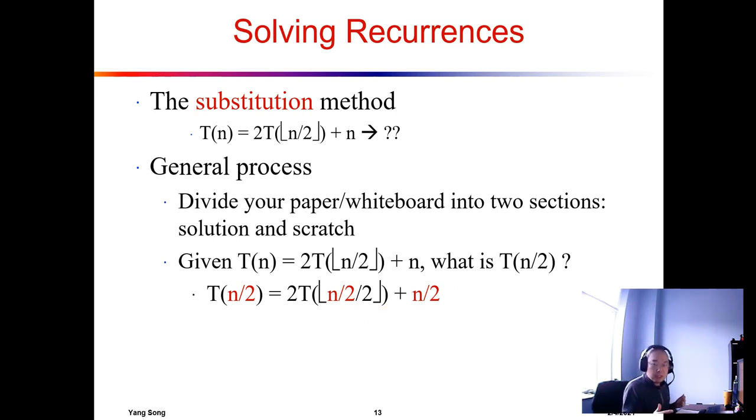We just substituted the n with n/2, so we got T(n/2). However, inside of T(n/2) here, we have a T(n/2) with n/2, so that is T(n/4). But anyhow, by doing the substitution, we are one step closer to our goal, which is to solve T(n).